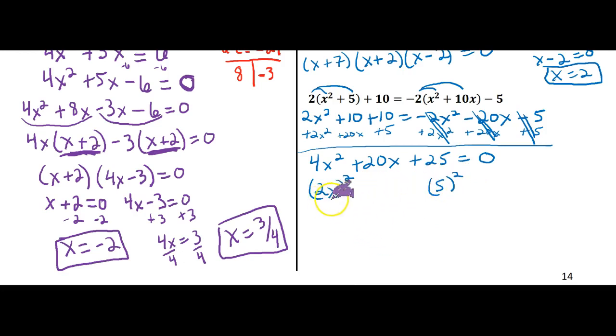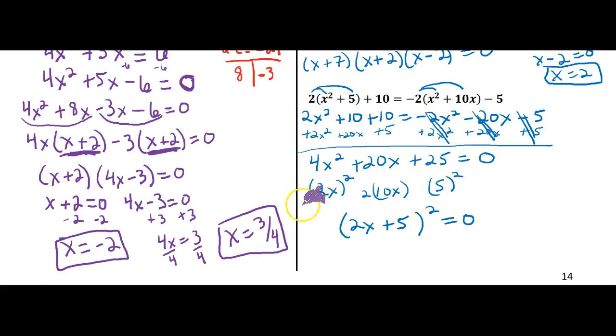If I multiply these two things together, I would get 10x. And then if I double it, I would get 20x. So this is a perfect square trinomial. I can factor it into a binomial squared, which will be 2x plus 5, that whole quantity squared. Or 2x plus 5 times 2x plus 5 means the same thing.